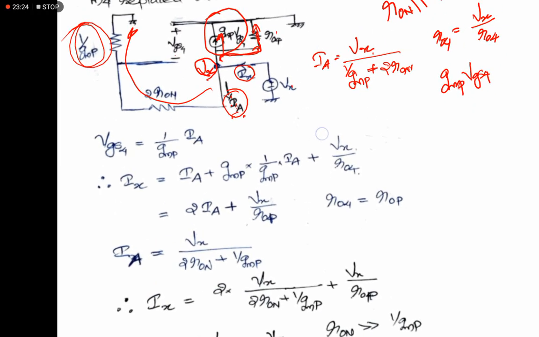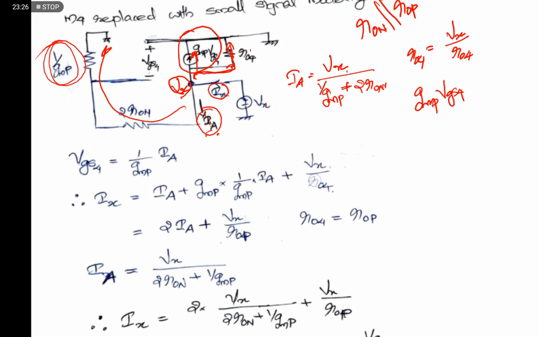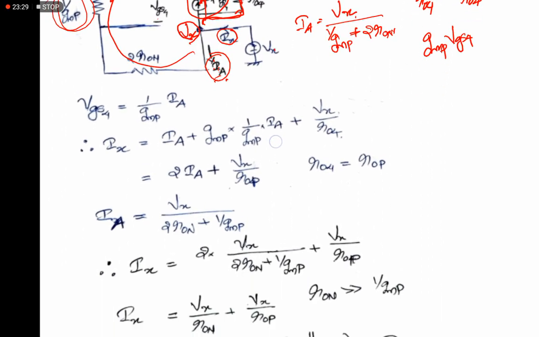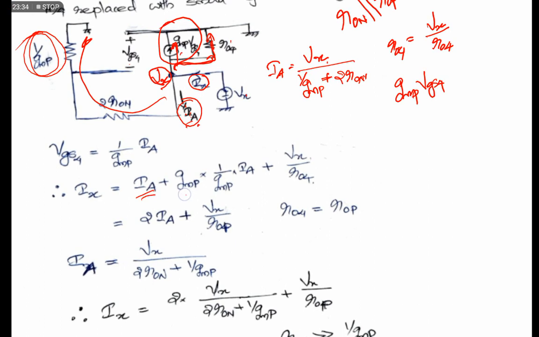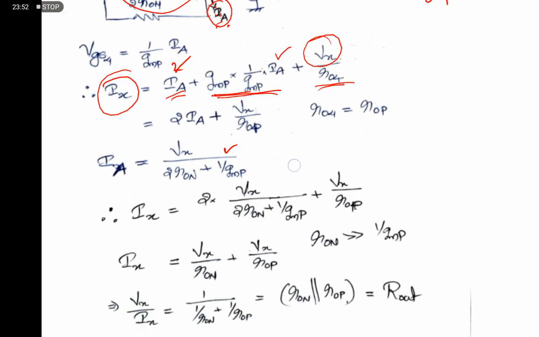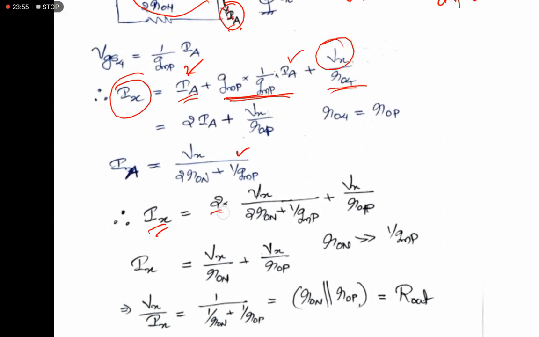So here we got all the things. The total current Ix consists of Ia plus this GM VGS and this one Vx by R04, and in that we will rewrite the Ia value. Then we can express Ix in terms of Vx alone, and we will get the value of Ix equal to 2 times Vx by 2 RON plus 1 by GMP, plus Vx by ROP.